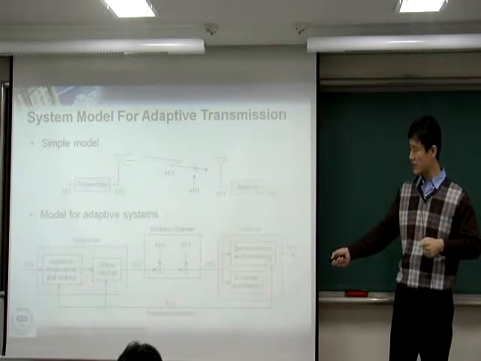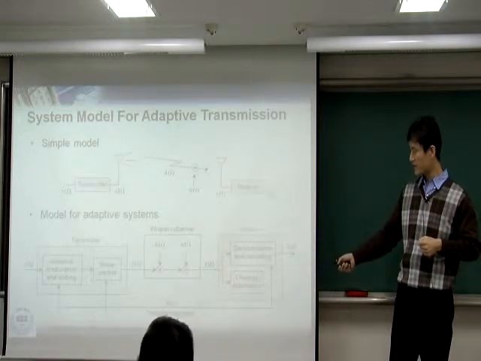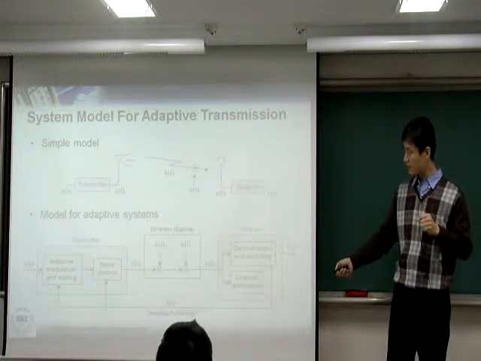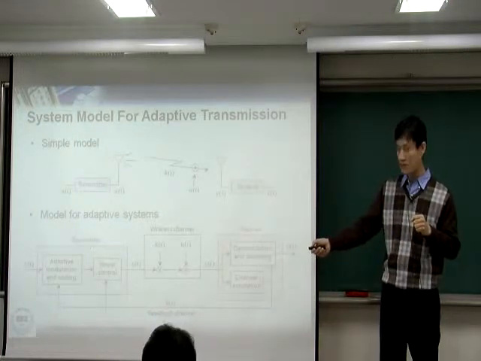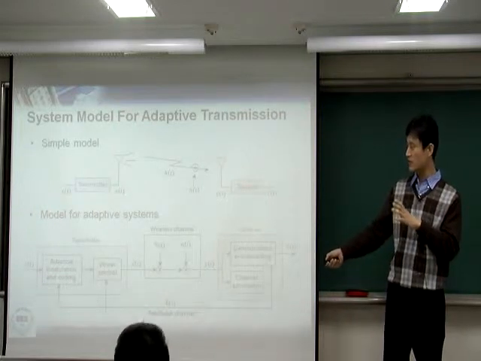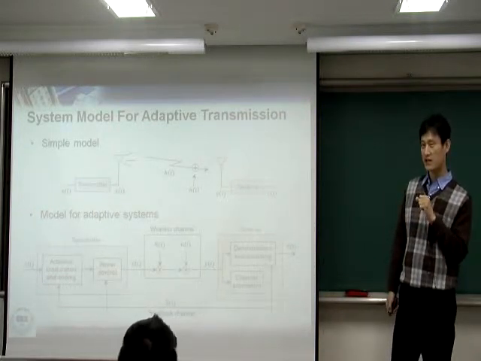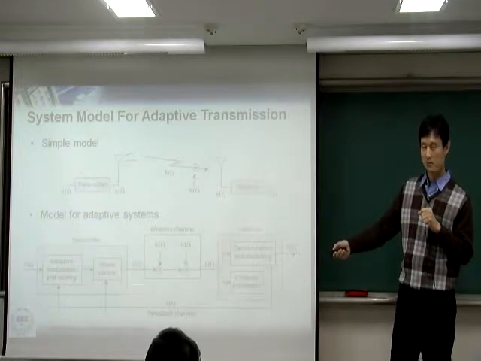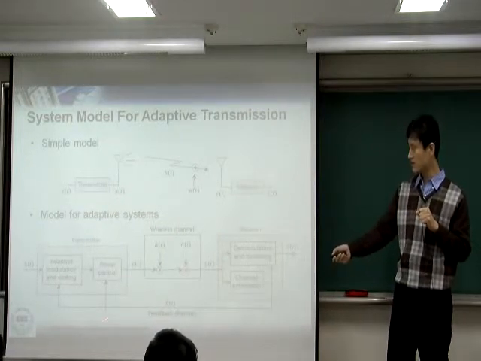H hat comes from channel estimation, and this estimated channel is now fed back to the transmitter. So I'm assuming the CSI, channel state information, is available at the transmitter by doing this. This is the feedback channel.